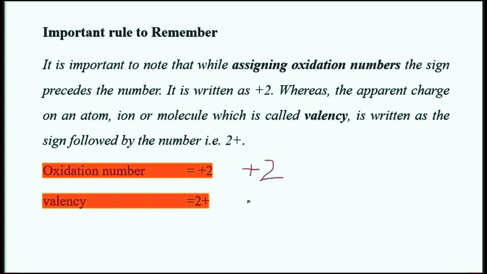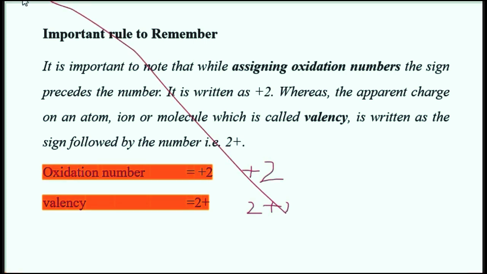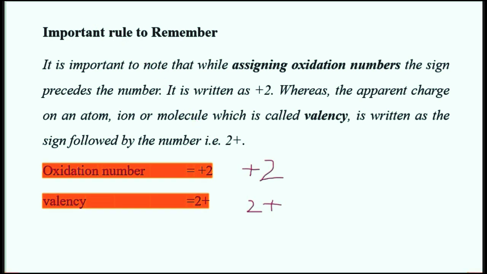But when we write the valency, we first write the digit and then the sign, like 2+. While assigning the oxidation number, the sign precedes the number, whereas the apparent charge on an atom, ion or molecule is called valency, written as the number followed by the sign.